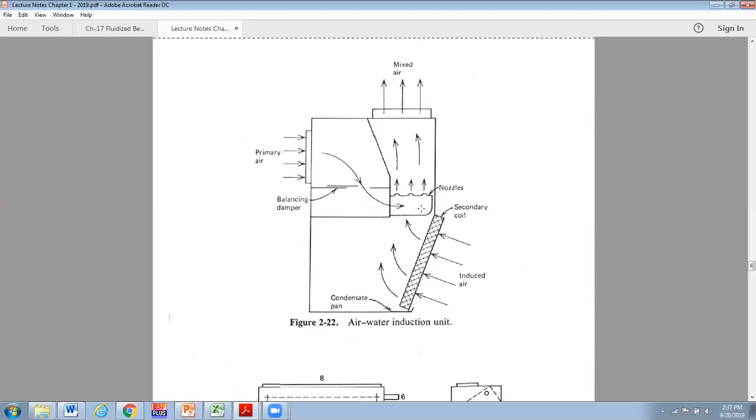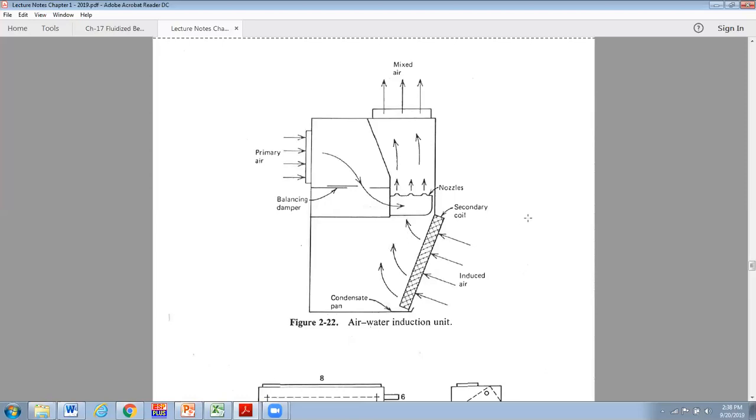And then that pressure forces it up through nozzles that are located in this induction unit. And so the air shoots out of these nozzles at fairly high velocity. And that high velocity causes a low pressure region around this. And basically it pulls air up through here, which then reduces the pressure down here.